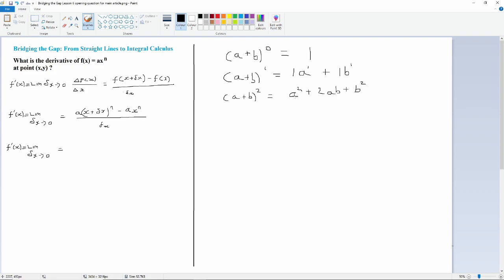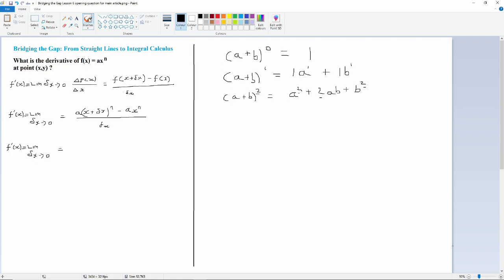Now I want you to note something. This term is 2, or the power is 2, and the middle term here is a 2. Also, the very left term is raised to the power 2.